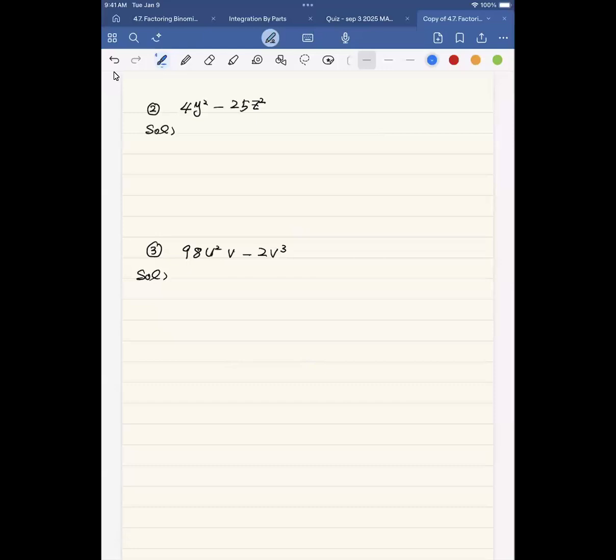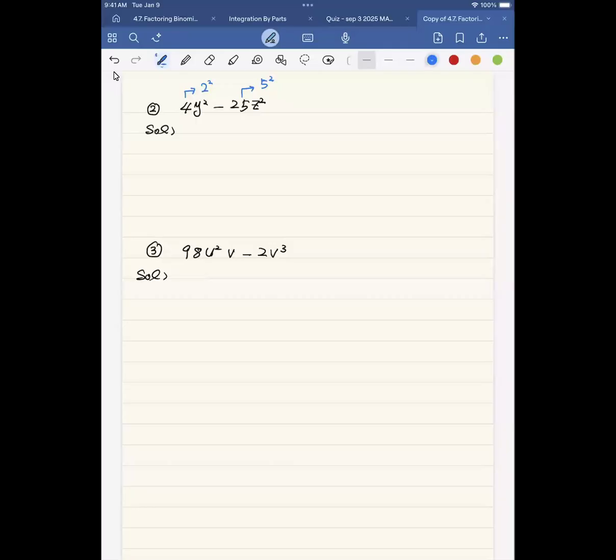The next one is 4y squared minus 25z squared. Each term consists of two factors, and we realize that 4 is 2 squared and 25 is 5 squared.